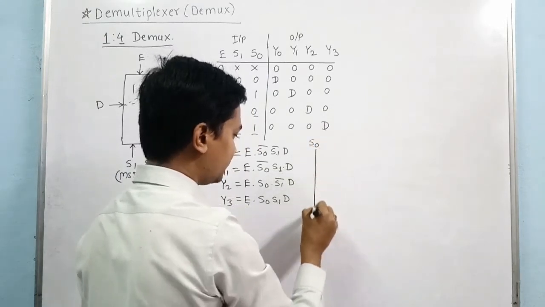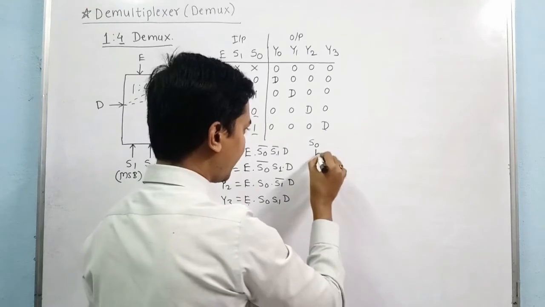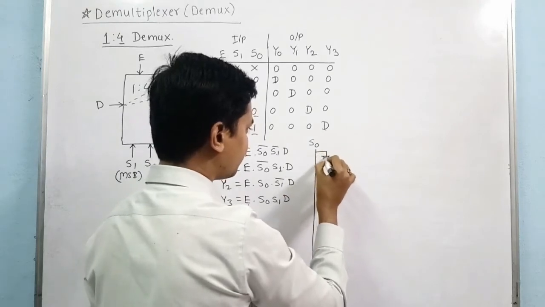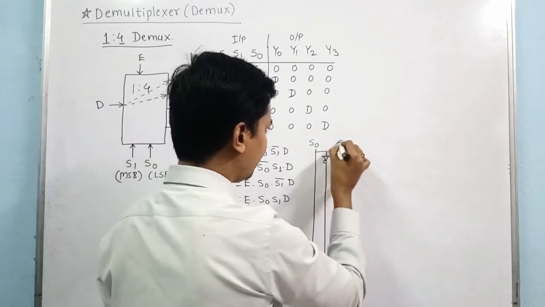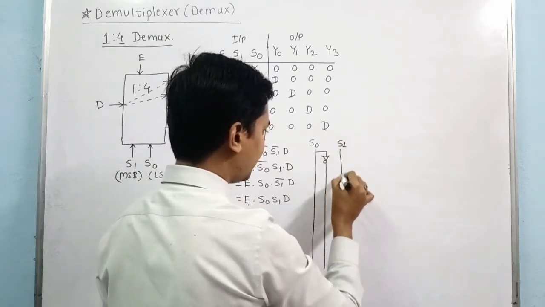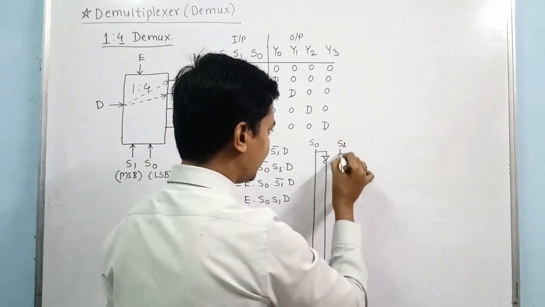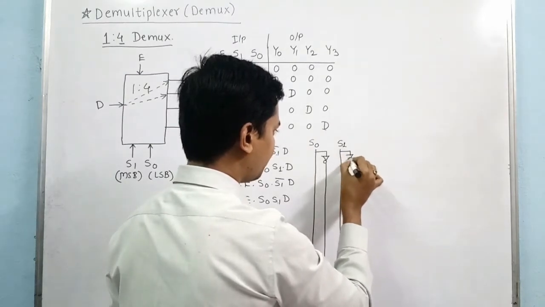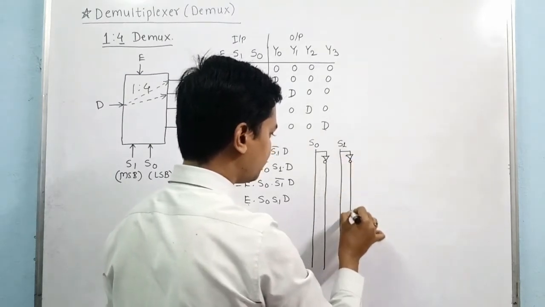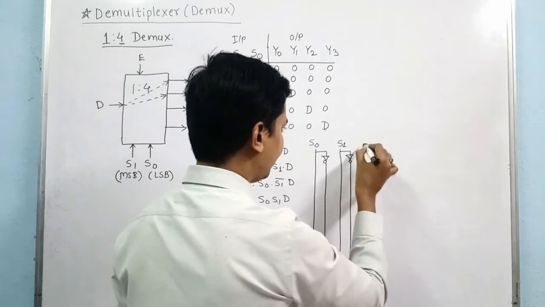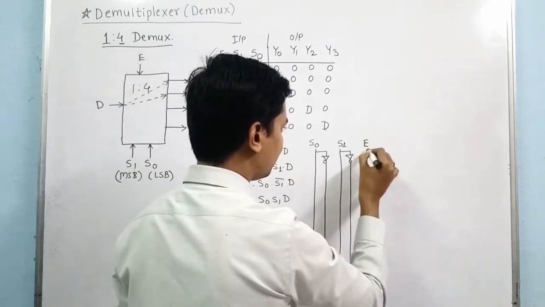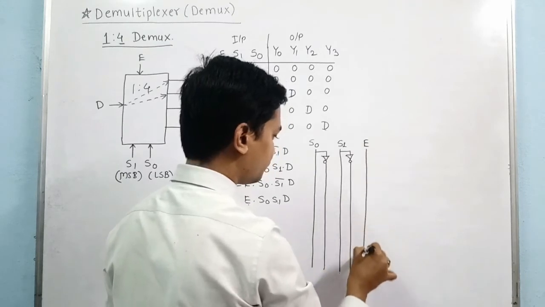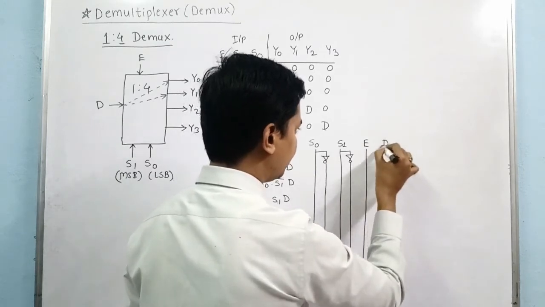S0 is taken as a normal line, then S0 bar, that is the complemented line, then S1 normal signal, then S1 bar, that means the complemented signal, then enable and D.